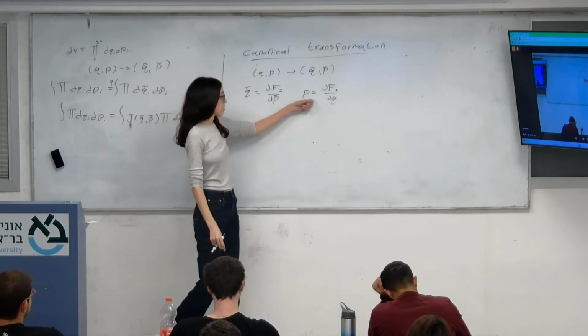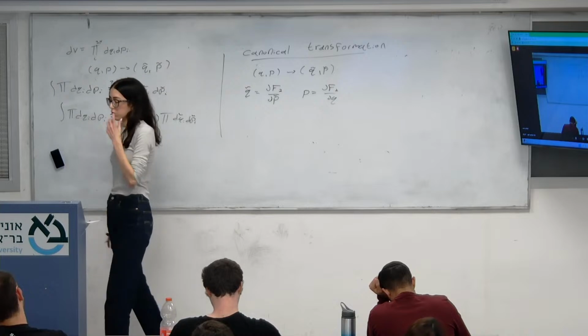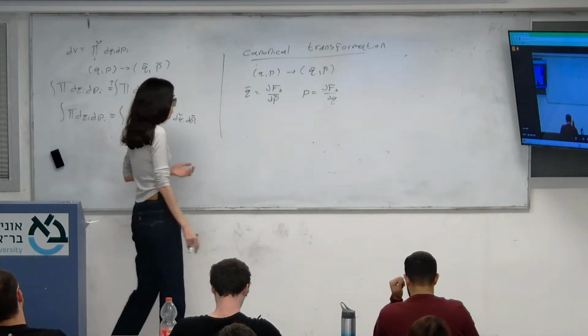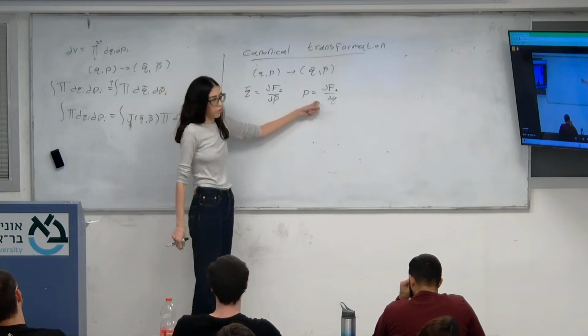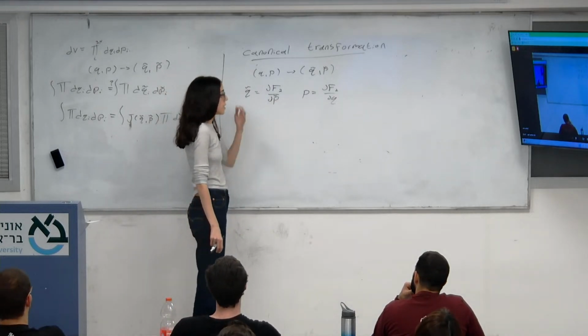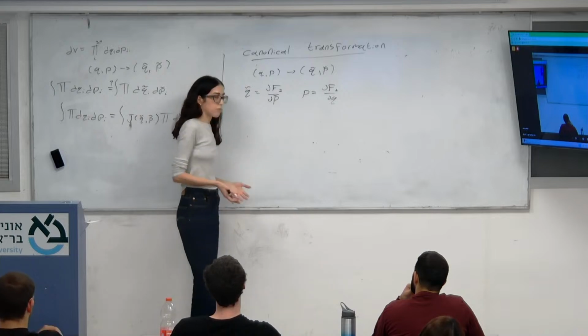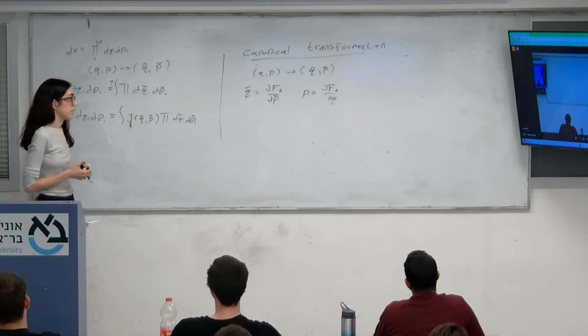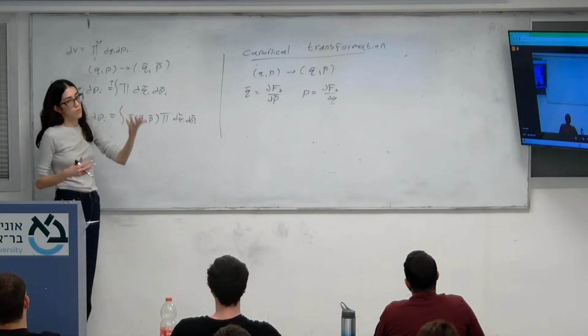So this is the old coordinates and the new coordinates. This is the definition of a canonical transformation, and the statement is any canonical transformation follows Hamilton's equation, and therefore also Liouville's theorem.